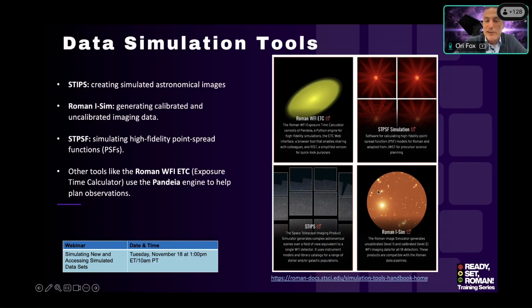There's also a shared calendar. I think the web page has a calendar entry that you can download, or you can go to the public calendar on the Roman forum. That's not something I mentioned today, but the Roman forum is where the Roman community comes together: the Roman Science Collaboration, the working groups, really everybody.